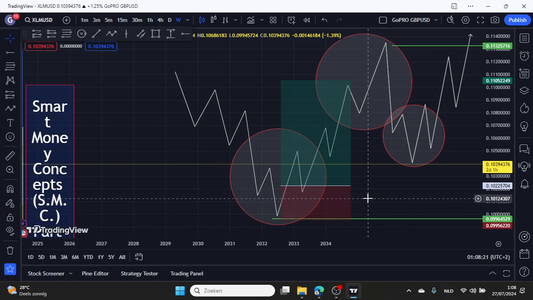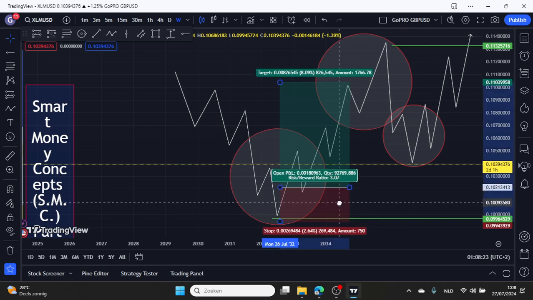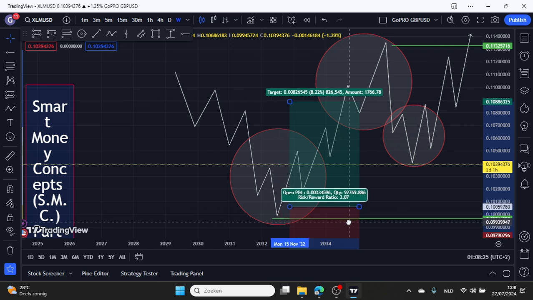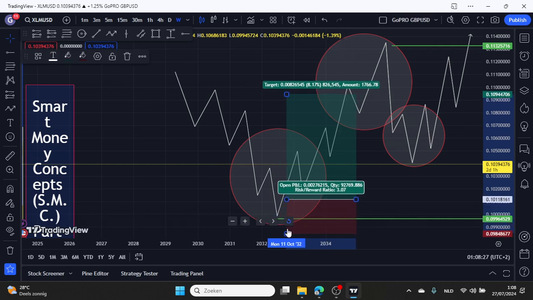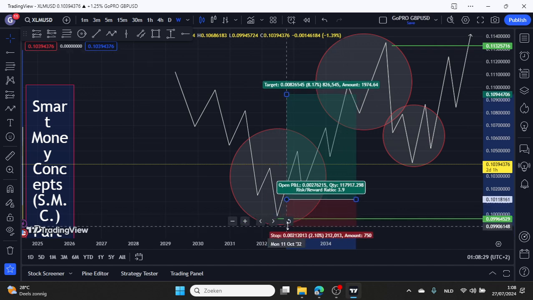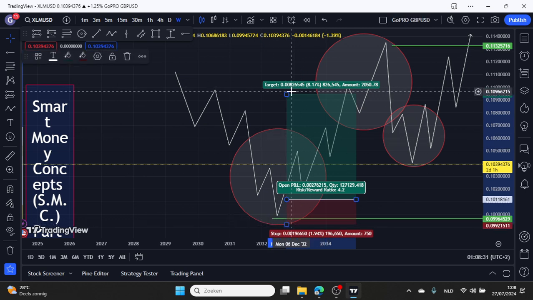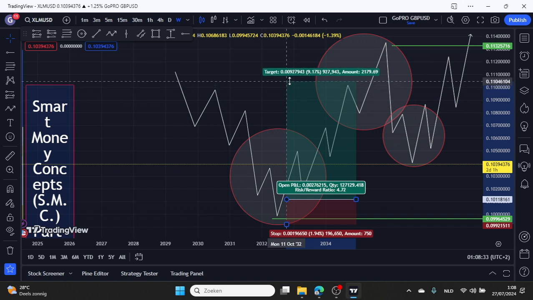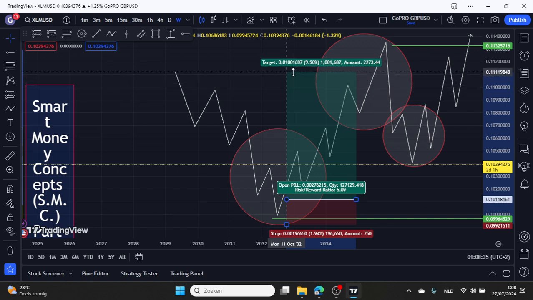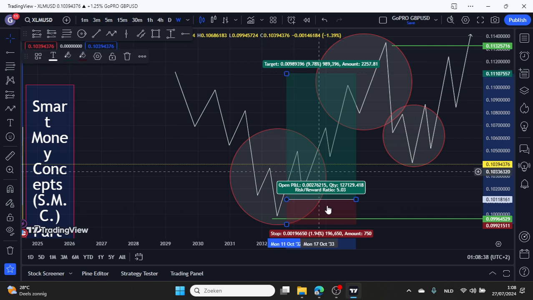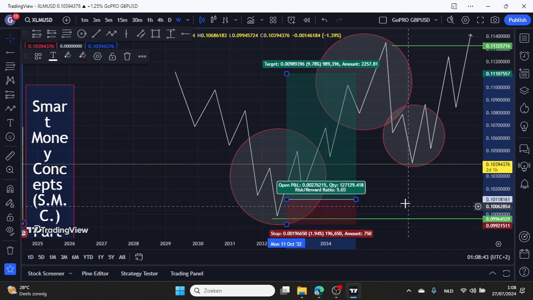Then you can even get better entries, with a really small stop loss, and you know perfectly where to put your take profit, and you get a risk reward of 1 to 5.